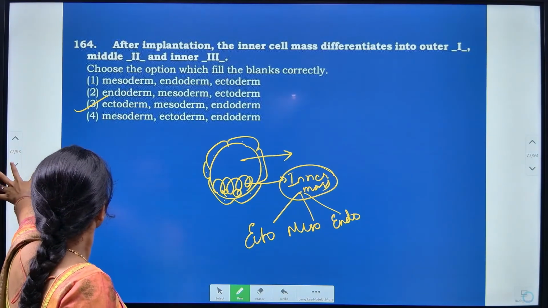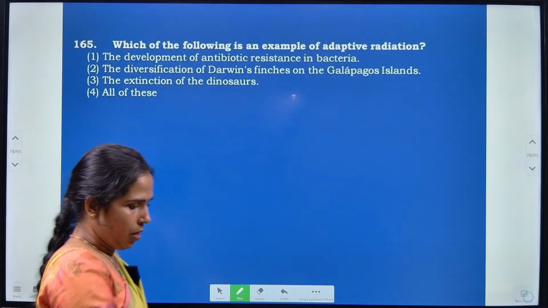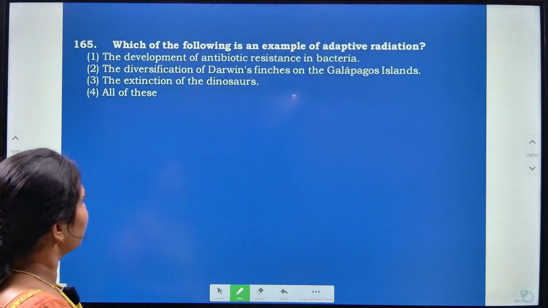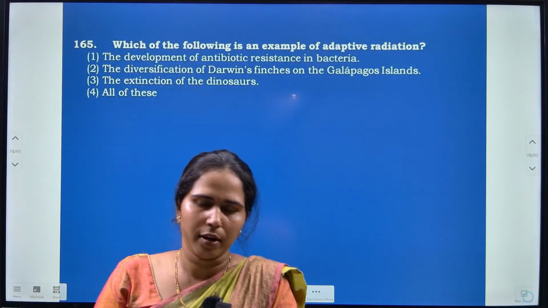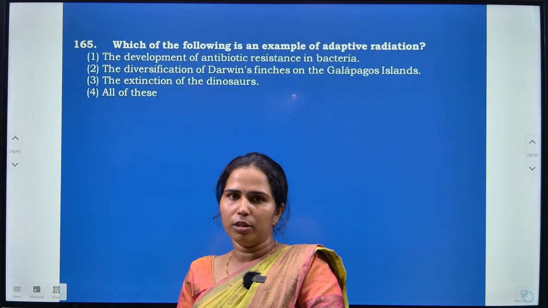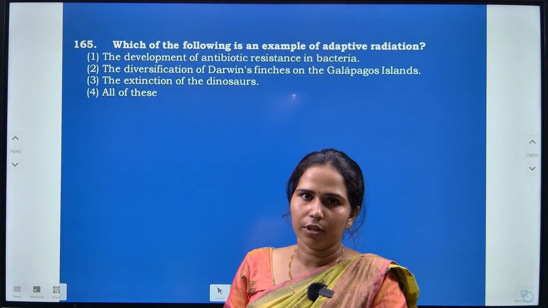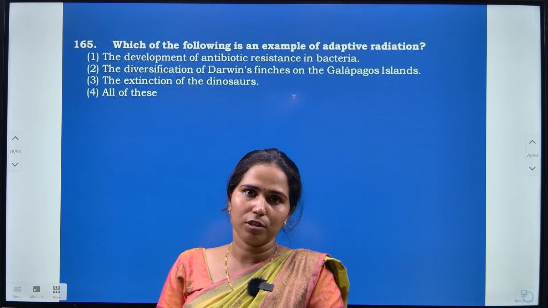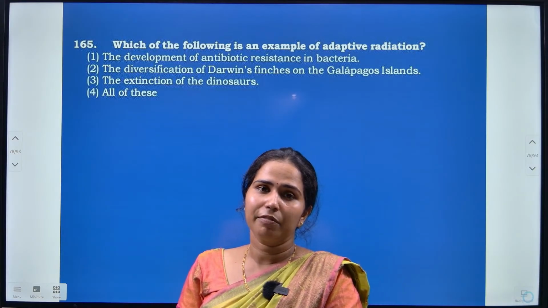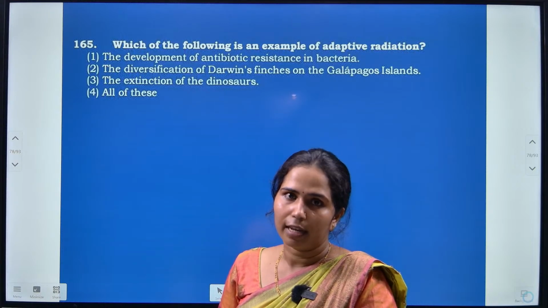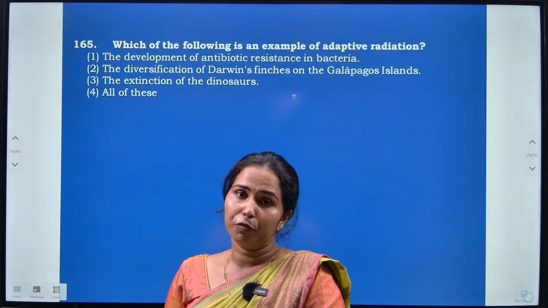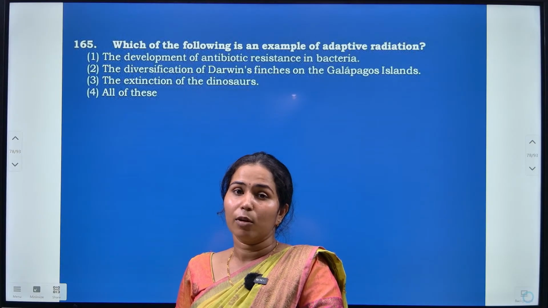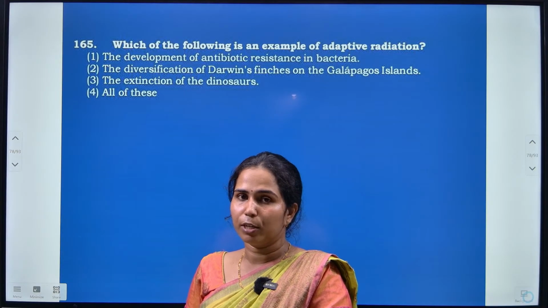Next, which of the following is an example of adaptive radiation? I think you are all eager to say the answer. That is the Darwin finches, where Darwin went to the Galapagos Islands and, based upon the availability of food, classified that they radiate based upon the availability of food.